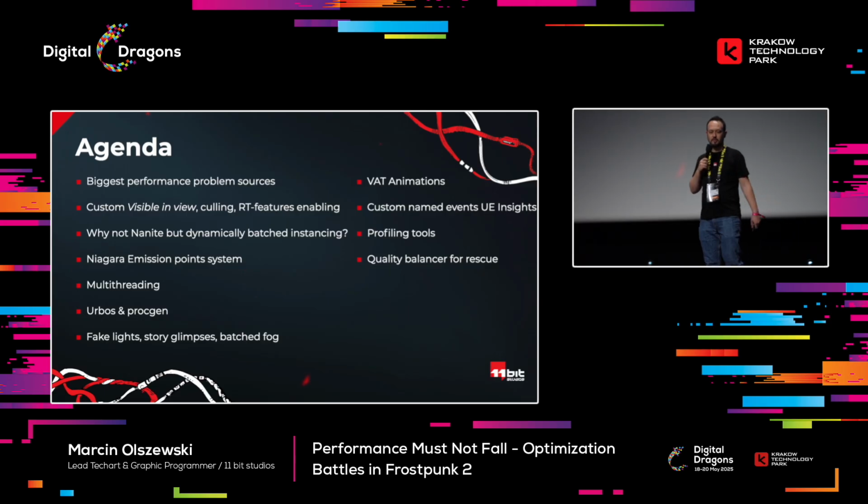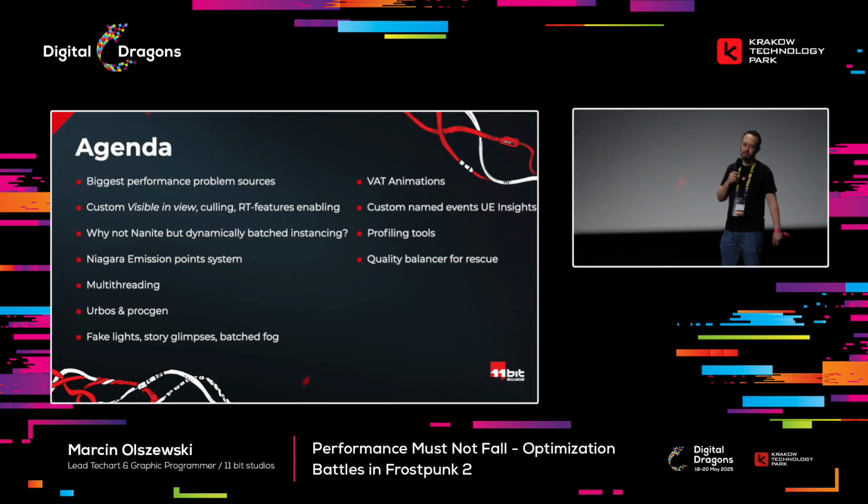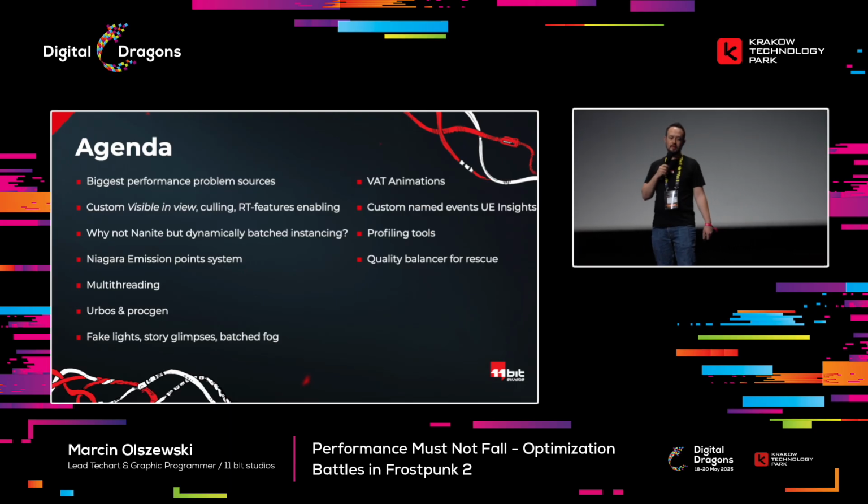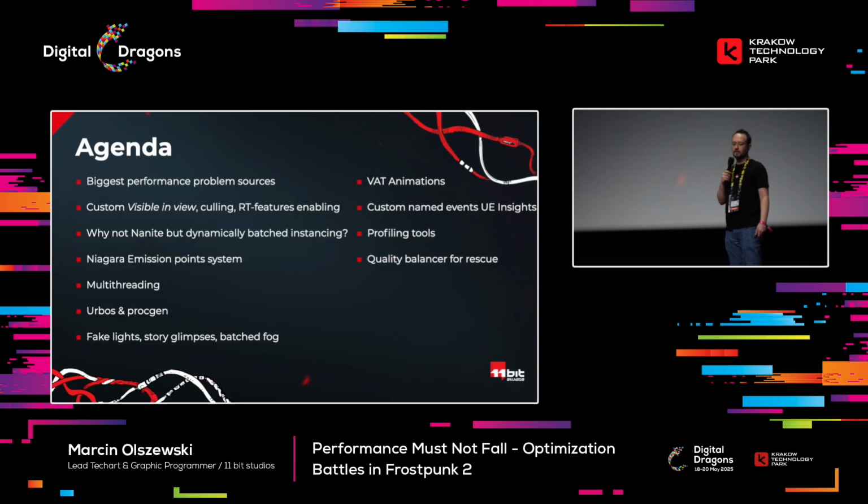Later we will talk about visible in view, our tech internal, about Nanite, multithreading, procgen, then fake lights, some tricks and tips, VAT animations, custom name event, which is more about profiling. And the last thing is about quality balancer, the thing that a bit rescued us, especially for the China market.